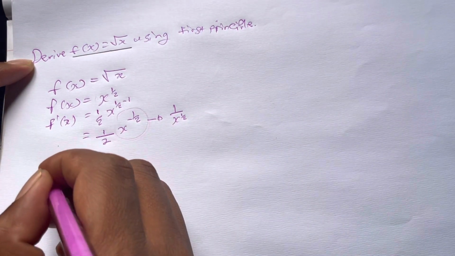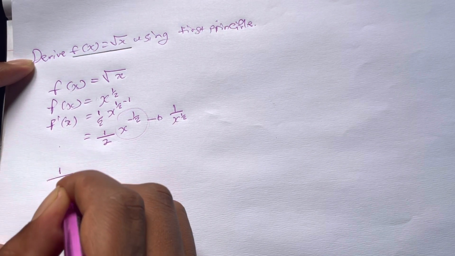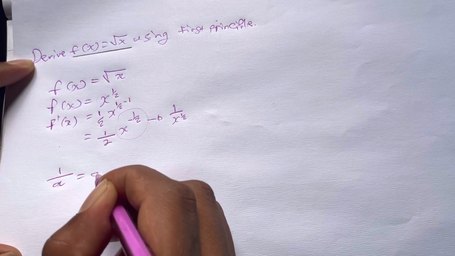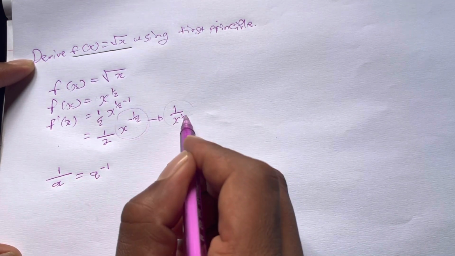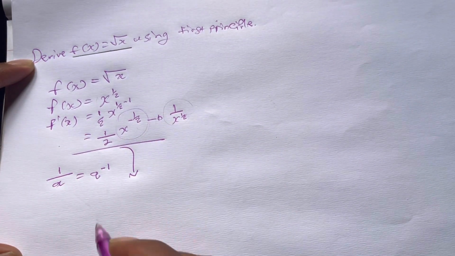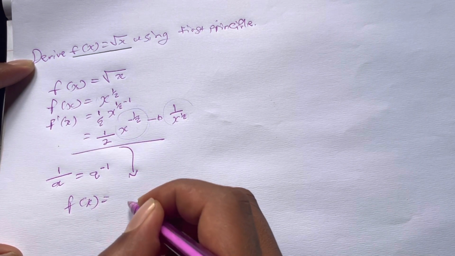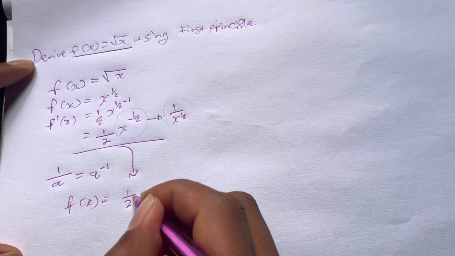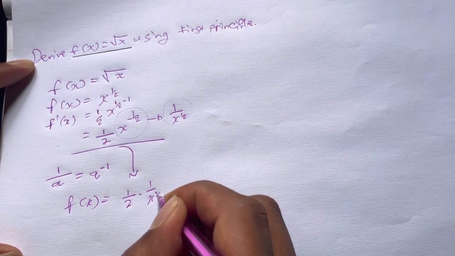Because of the law which says that 1 over a equals a exponent negative 1. So hence, we are writing it like this. So then we are going to proceed with it here. f derivative of x equals 1 over 2 times 1 over x exponent 1 over 2.